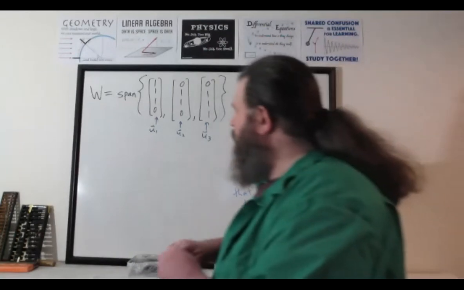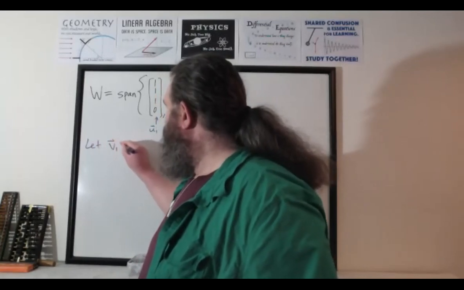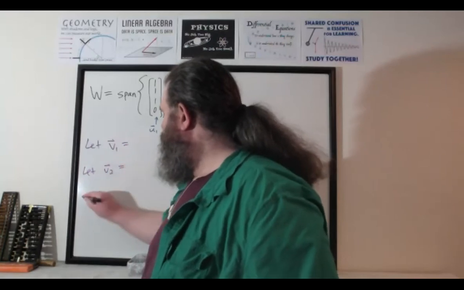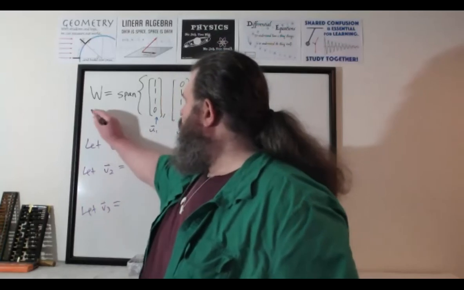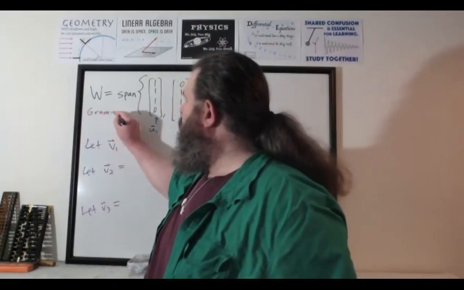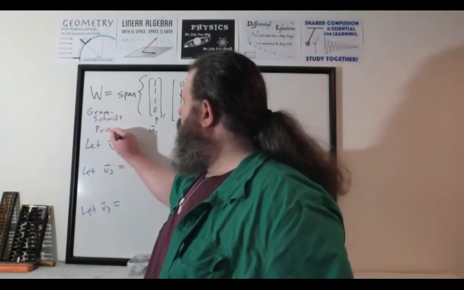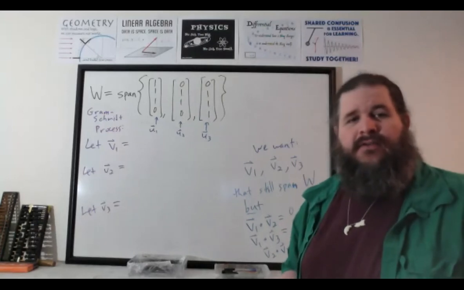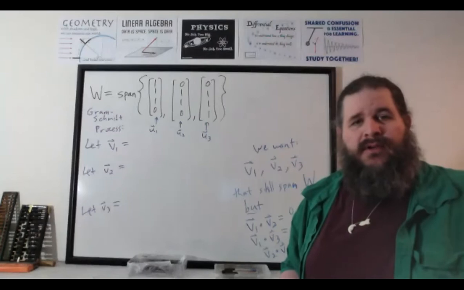So to construct these, we use this idea of the Gram-Schmidt process. Which is, we're going to be building these new vectors one at a time, taking information from the original vectors U1, U2, and U3.